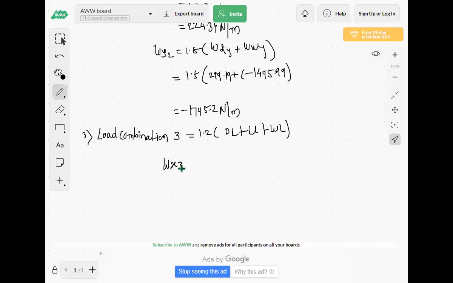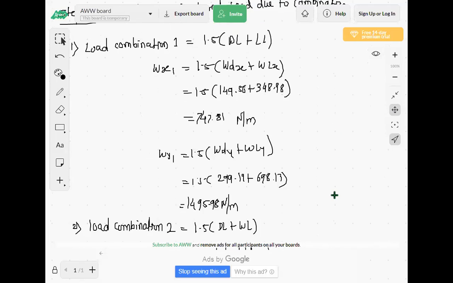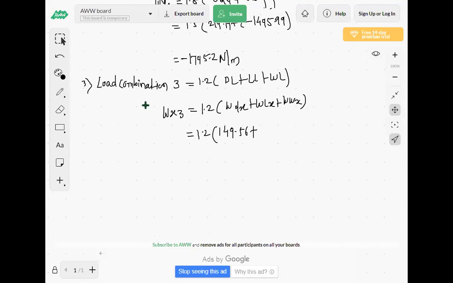So wx3, the load in x direction for the third load combination, is wdx plus wlx plus wwx. So 1.2 into wdx is 149.56 plus wlx. wlx is 348.98 and wwx is 0.